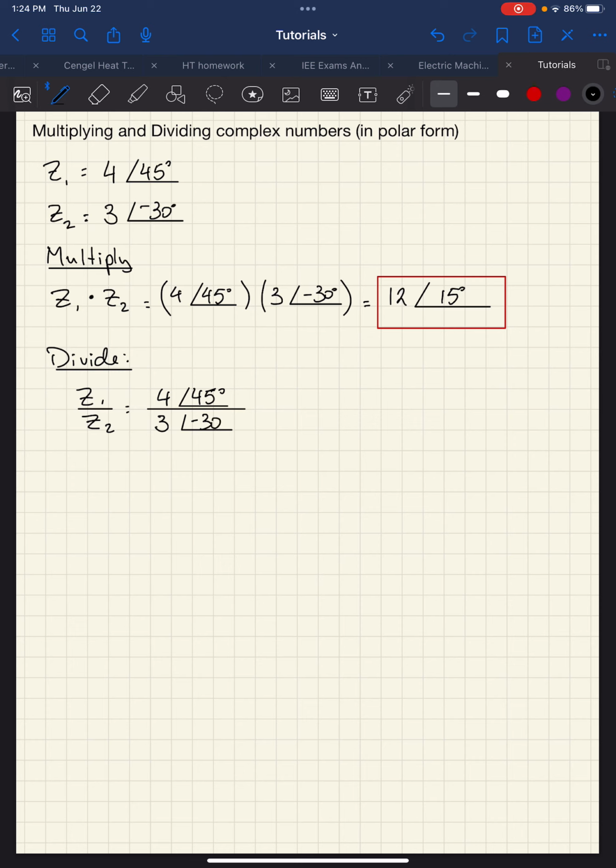So 4 over 3 is going to be repeating 1.33. Let's leave it like that. And when you subtract 45 minus negative 30, you get 75 degrees. And there you go. So that's the best case scenario.